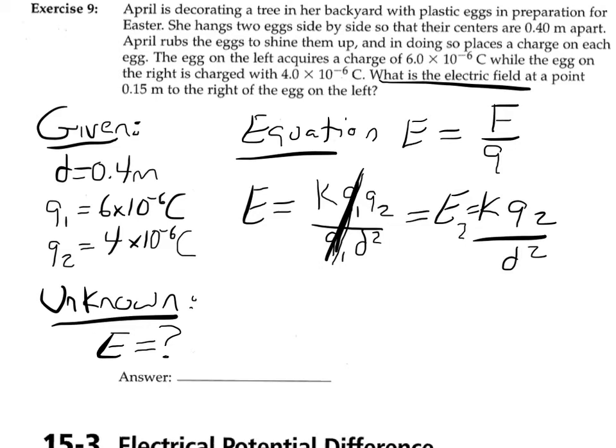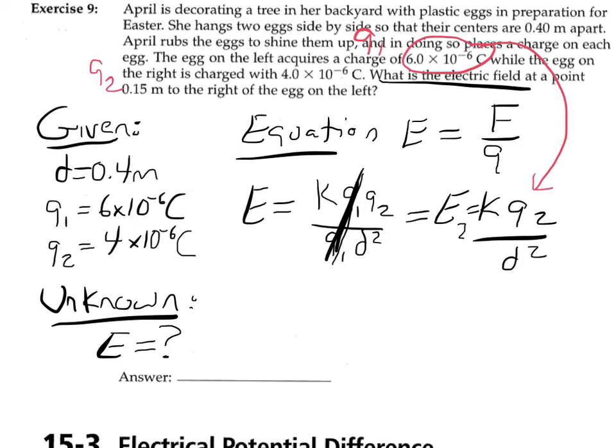And if you're like me, the fact that they mention the charge on the left first, I would have a tendency to call this Q1. And they mention the other charge on the right, so I would probably call it Q2. So if I'm going to stick to that notation, doesn't matter which one you do as long as you keep it consistent, then this charge Q is going to go in here.